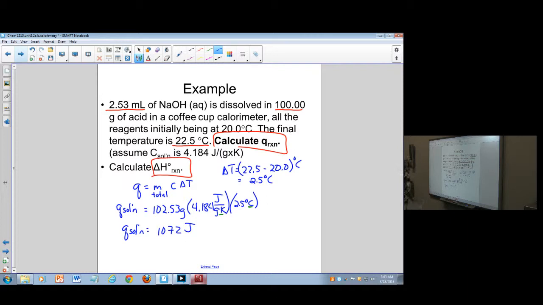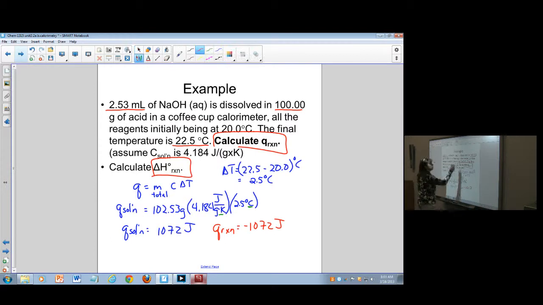I know that if anything happens in one direction, it's got to have the exact same value but the opposite sign. So I know that the Q of the reaction in this case is negative 1,072 joules, because of the conservation of energy law. If one gains 1,000 joules, the other has to lose 1,000 joules. So there's the Q.